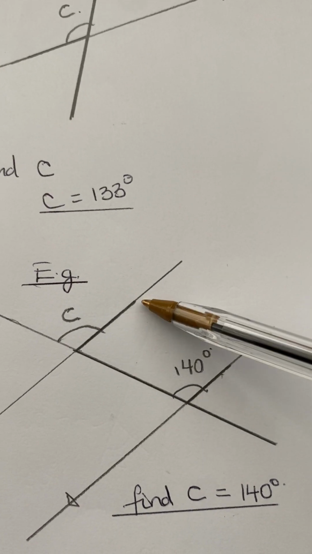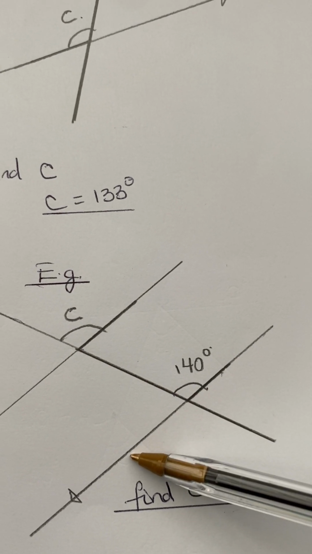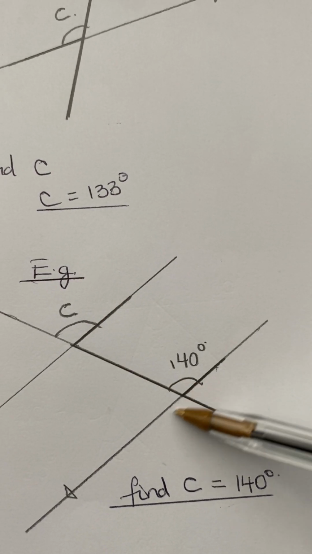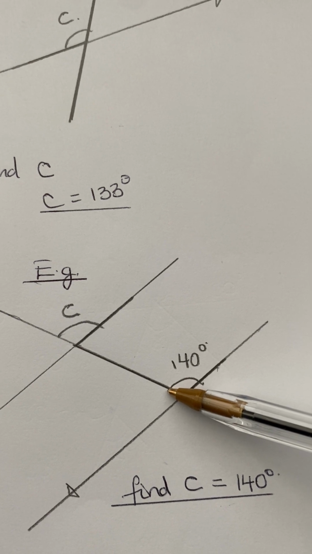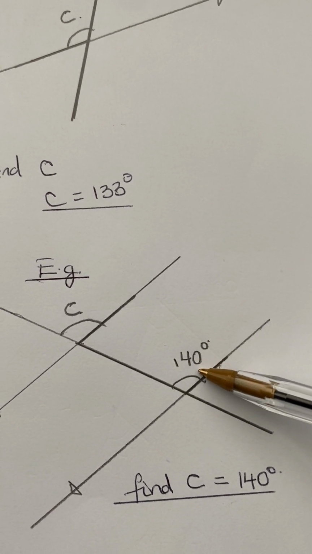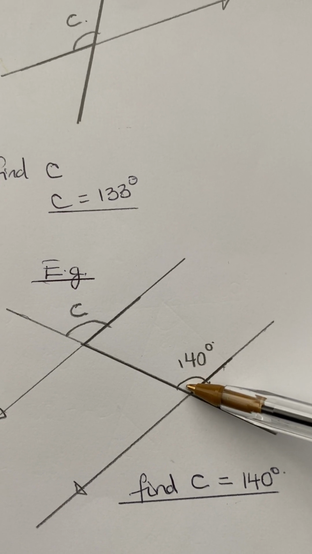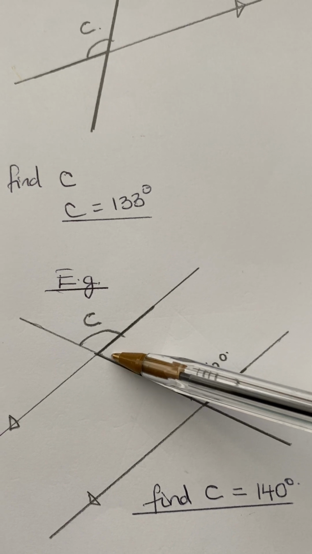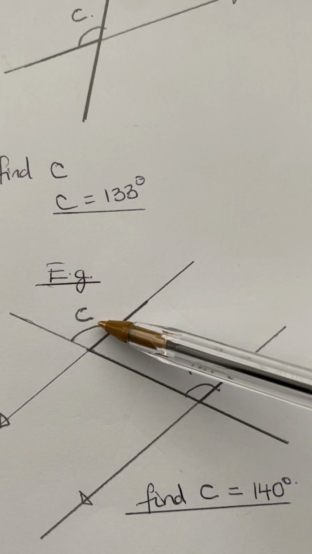So for instance, that is a Z here, and if this is 140, you can use this knowledge to find this angle here and then use that angle on a straight line to find this one.